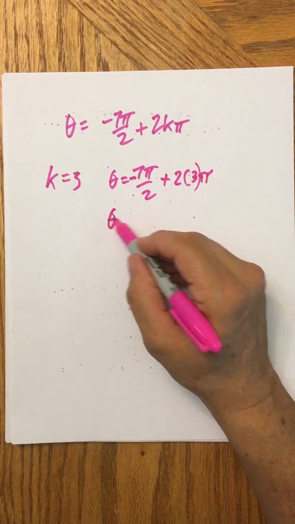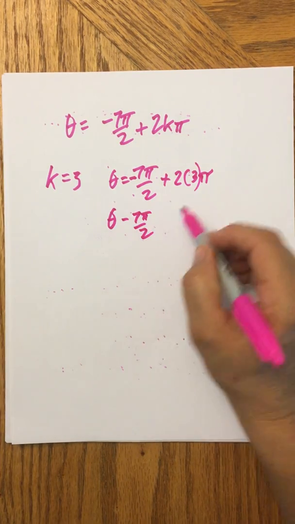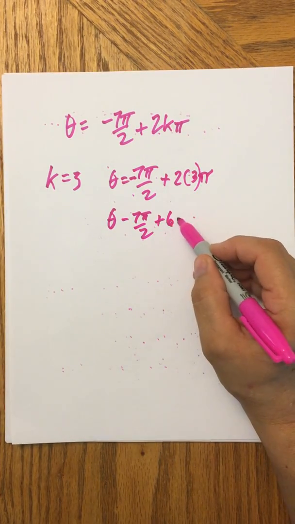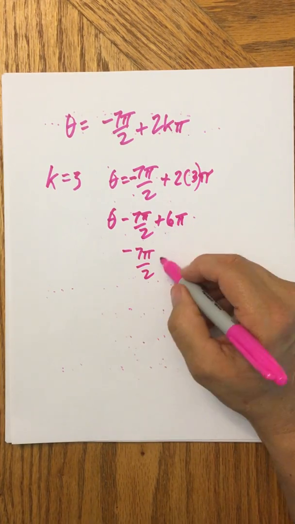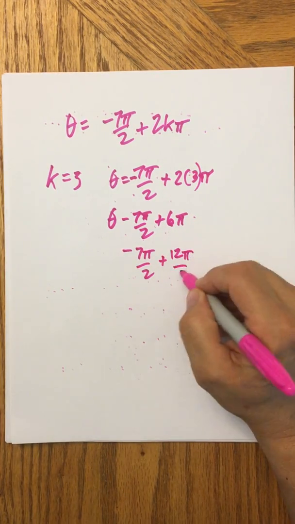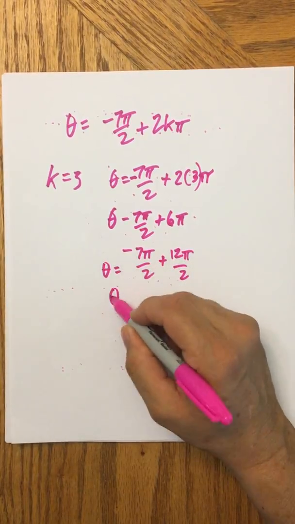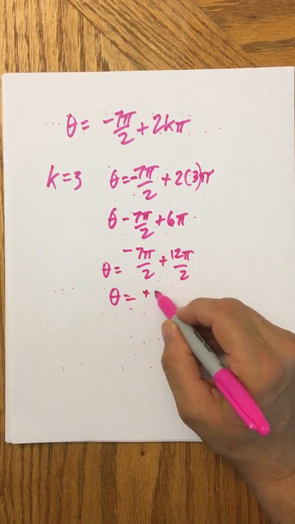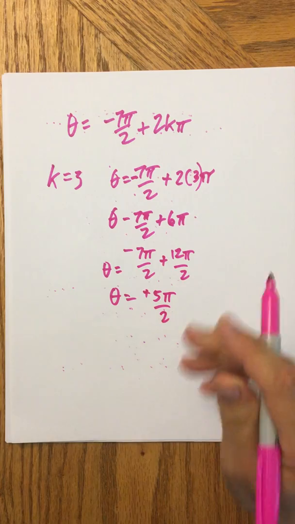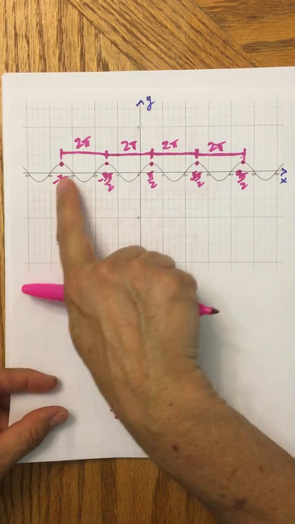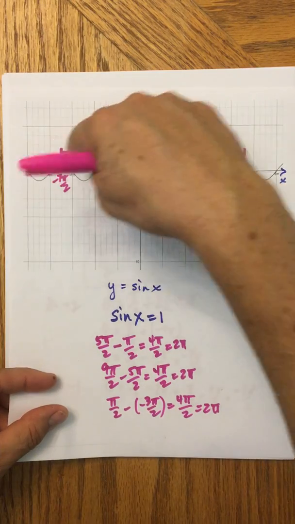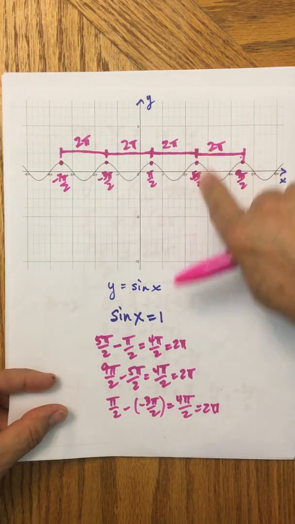So I'd have -7 pi over 2 plus 6 pi, which is -7 pi over 2 plus 12 pi over 2. And so indeed, look, that's going to be positive 5 pi over 2, which is what we expected, right? We said if we start here, we go 1, 2, 3, 3 sets of this distance of 2 pi forward, we get 5 pi over 2.